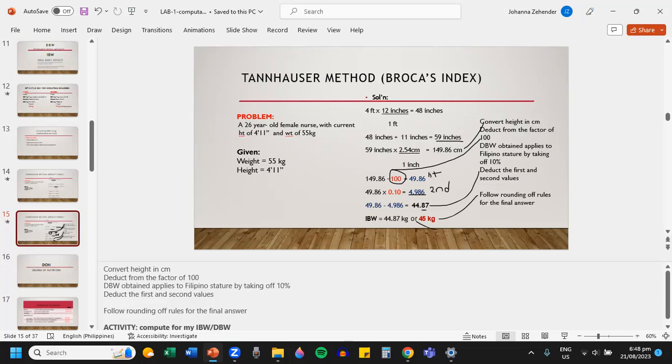So 49.86 minus 4.986, you will arrive with the answer of 44.87. So the patient's ideal body weight is equal to 44.87 kilograms or 45 kilograms. So we have to follow rounding off rules for the final answer. I'm going to give you a few seconds to analyze again this solution, or you may opt to pause the video before we proceed.